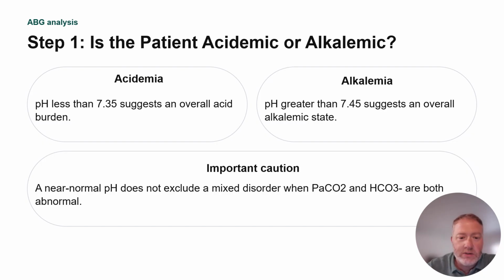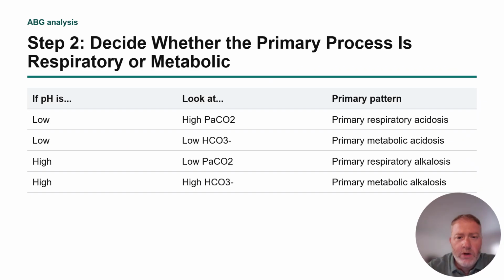Step one is looking at the pH, and step two is determining whether that pH imbalance is primarily caused by a respiratory or a metabolic process. For respiratory issues, the pH and PaCO2 are inversely proportional. So if somebody has a primary respiratory acidosis, their pH will be low and their PaCO2 will be high.